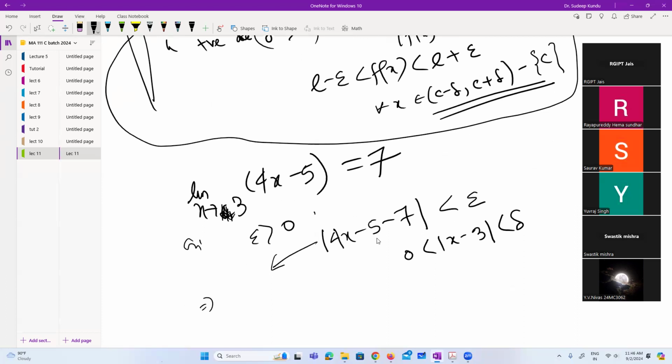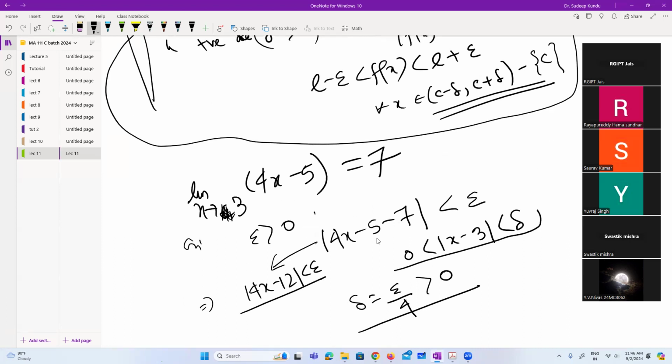So this inequality you have seen, right? Mod of 4x minus 12 less than epsilon. That you have to show. That means if you take delta equals epsilon by 4, you find a positive delta such that whenever x lies in this neighborhood, x belongs to 3 minus delta, 3 plus delta minus the point 3.